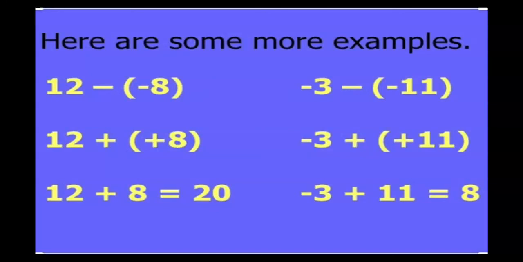So I am going to change it to addition. And the third thing, the second number -8, I'll write the opposite of minus 8, that is plus 8. So what is my answer? 12 plus 8, which is equal to 20.